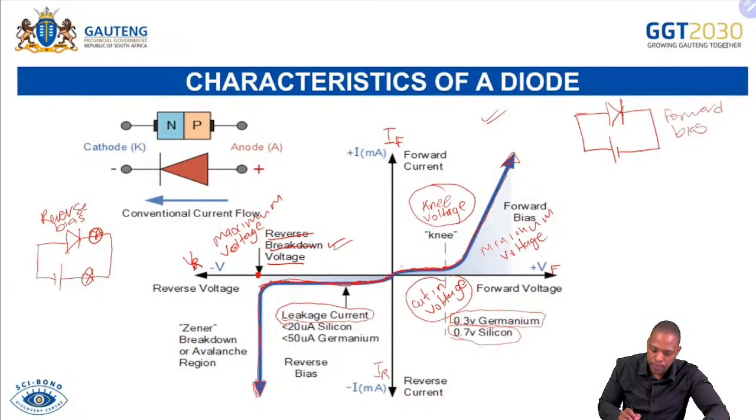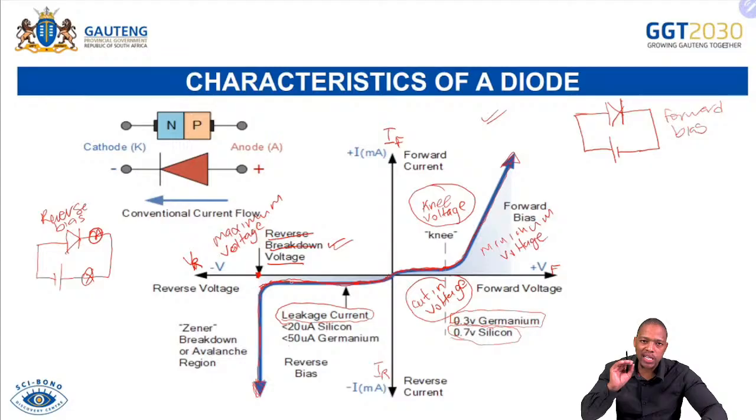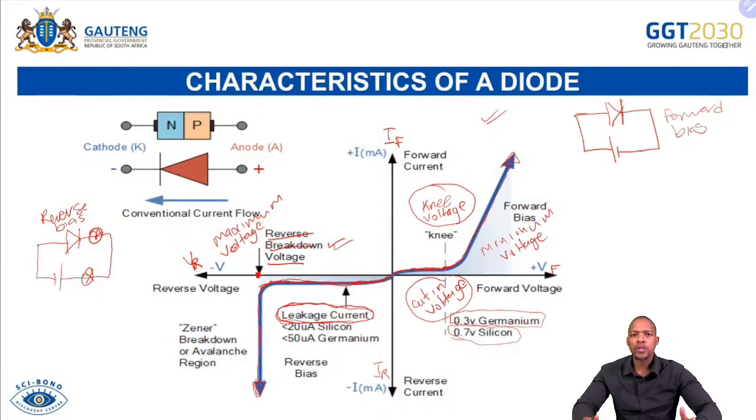Theoretically, we say it does not conduct electricity, and I want you to stick with that. However, practically, it does conduct a little bit of electricity, and we call that leakage current. So that's what the characteristic says about the PN junction diode. It sort of tells the whole story of what is actually happening.